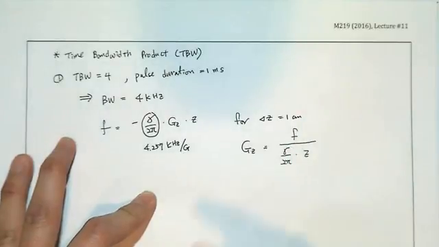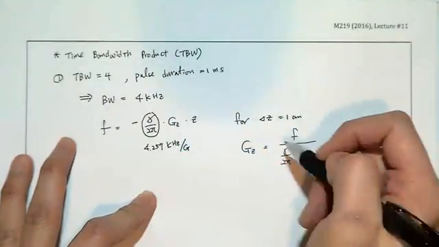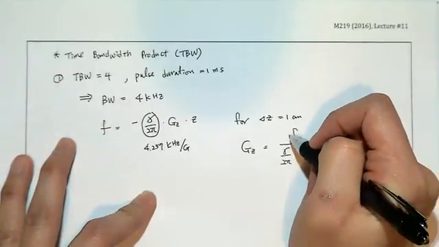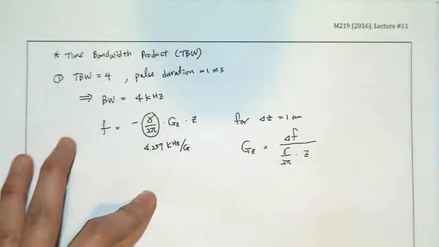I'm just rewriting this equation, and there's a negative sign, but it doesn't really matter. If you want to have a delta f, which is bandwidth, and a delta z, that's mapping each other.